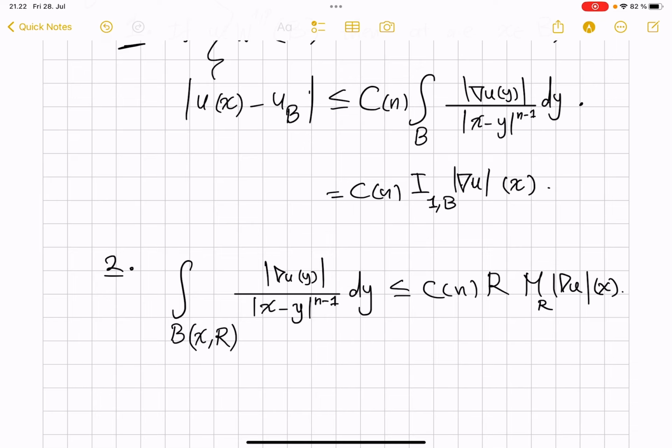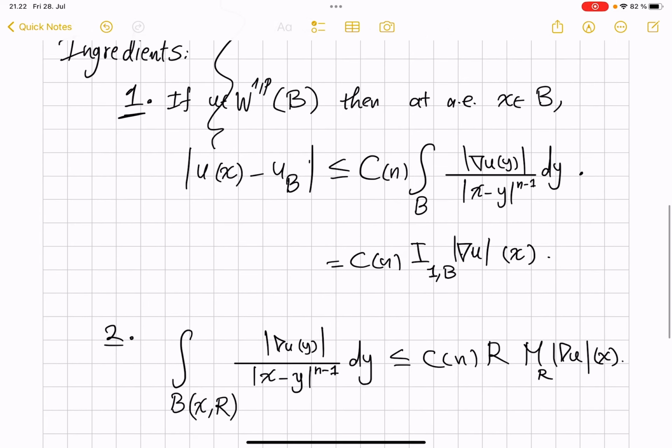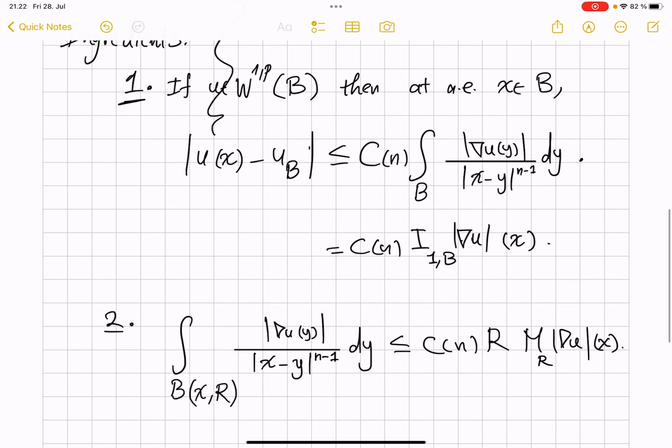So, two facts that we're not, of course, proving, just using. Number 1, for almost every point, the oscillation of the function is bounded by this Riesz potential of the gradient. And then the Riesz potential of the gradient in turn is bounded by the maximal function.